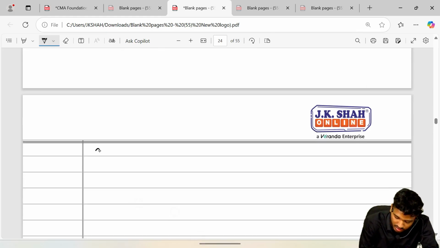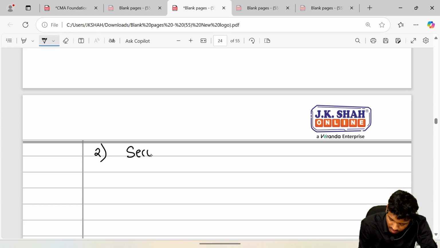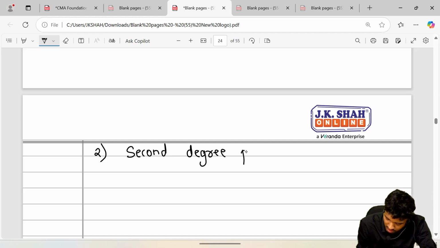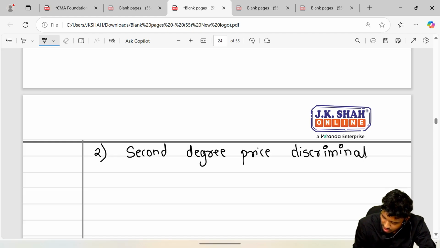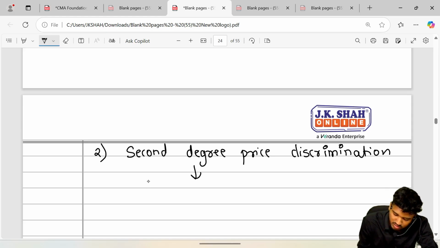Next, second degree price discrimination, also called block pricing.